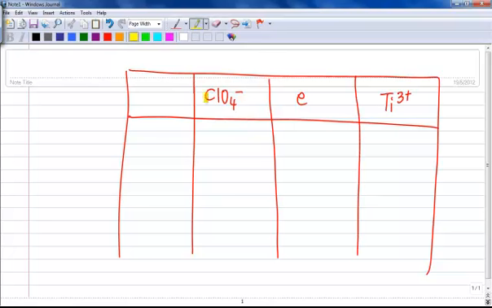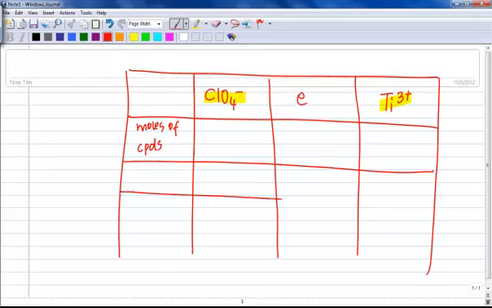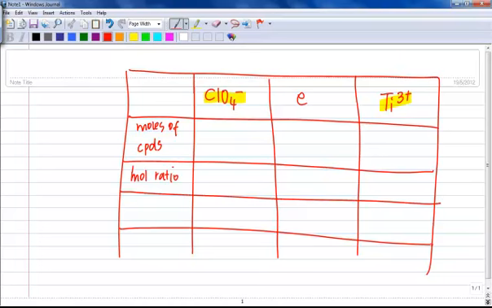Alright, the ClO4- reacts with the Ti3+. And then of course our first row is our moles of compounds. Then after that we have our mole ratio. Then after that we have our moles of compounds to electrons, and finally we have our common ratio.